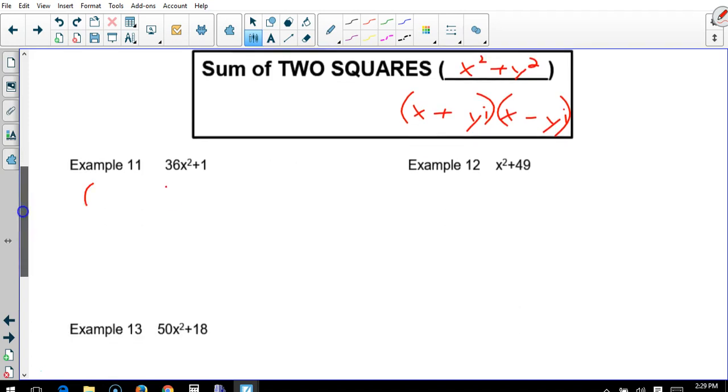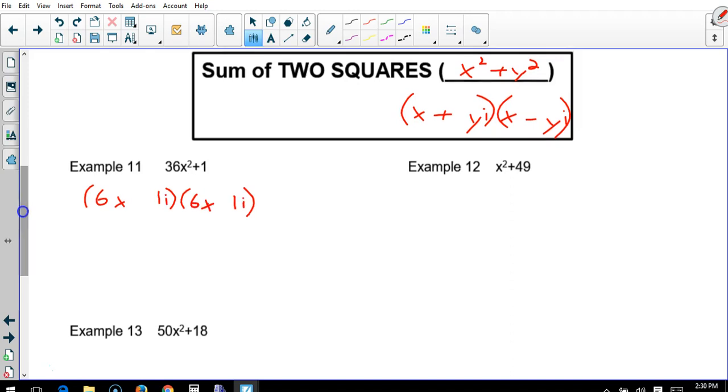So, square root of 36, square root of x, square root of 1, and we just throw in our i, 1 plus, 1 minus. That's it. It's really that simple. It's the same as the difference of two squares, you just throw the i in there.